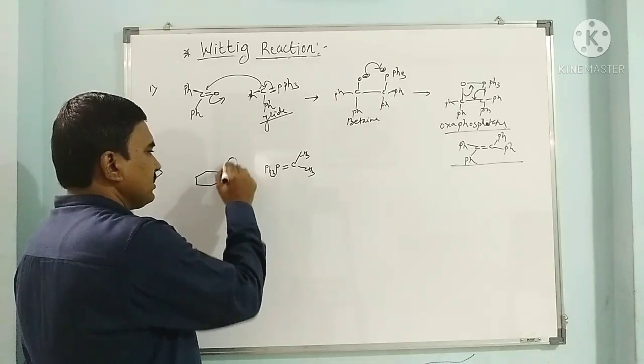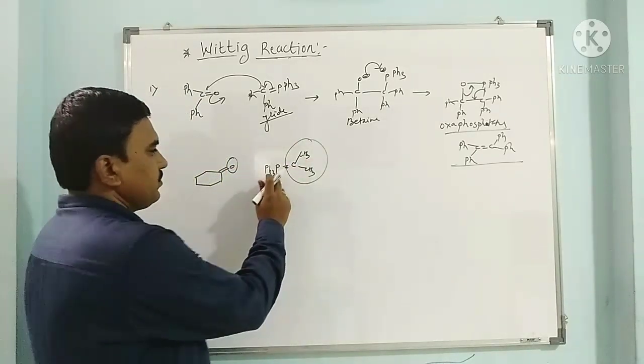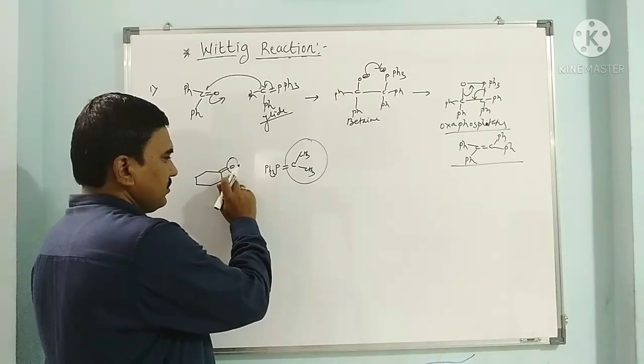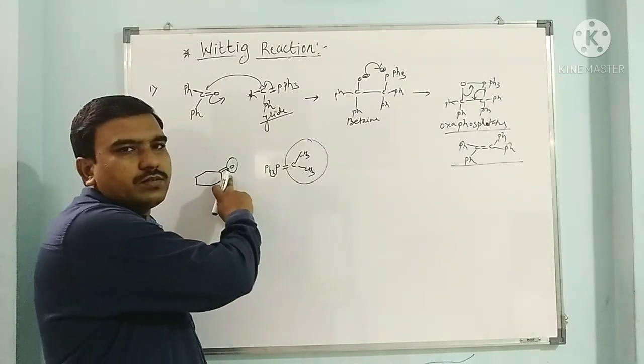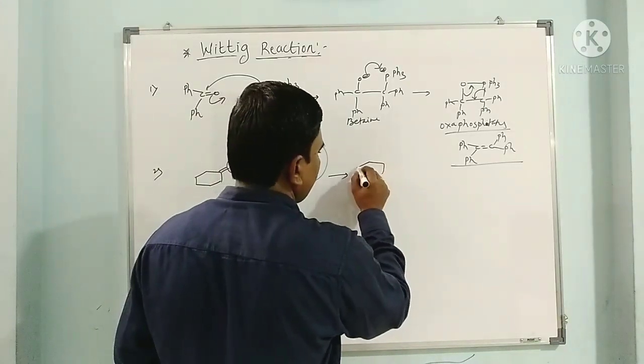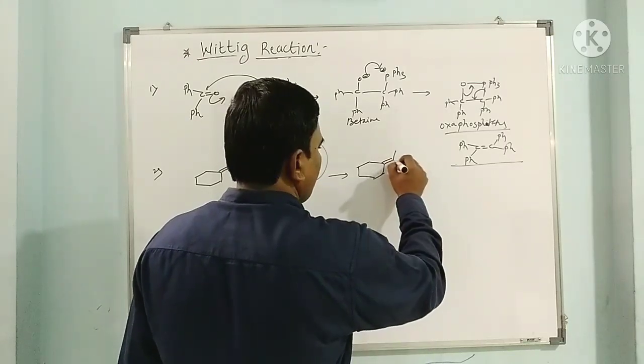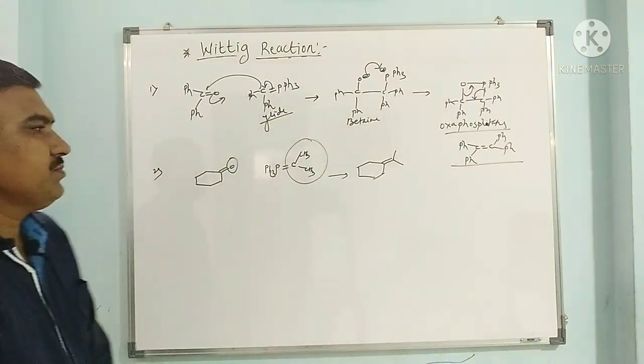So this oxygen is replaced using this alkylidene compound, and PPh3, this oxygen, that is triphenylphosphine oxide, is lost. So we get here this double bond, that is a cyclohexylidene compound. The carbon is having this methyl.